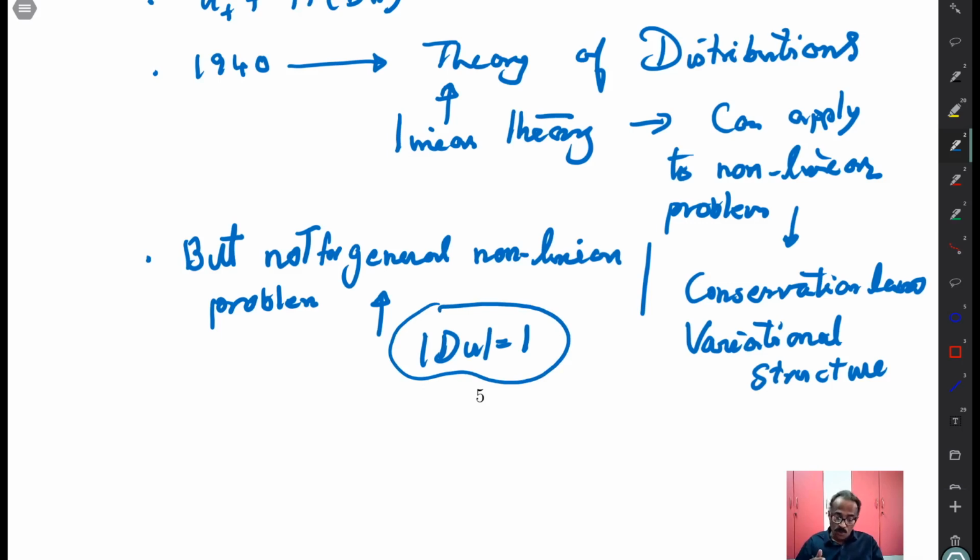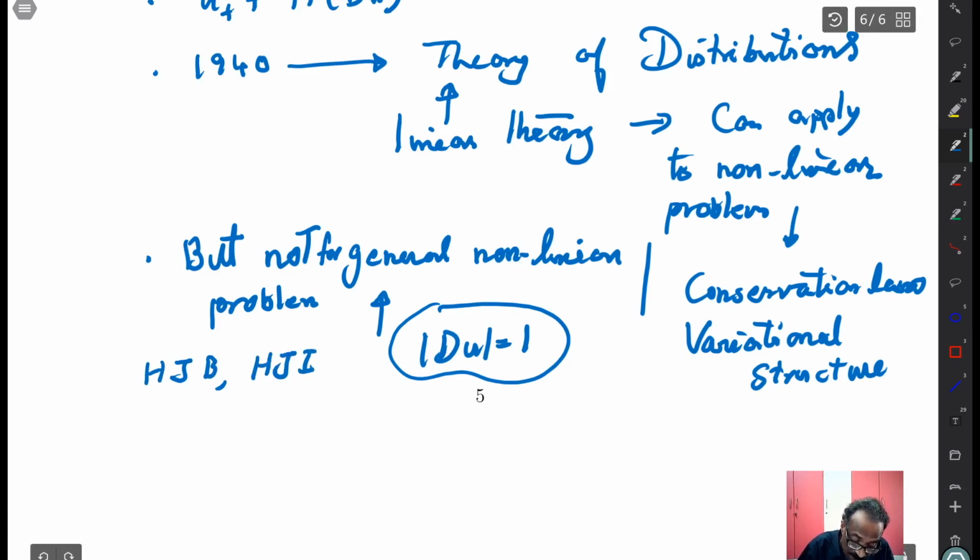So general nonlinear problems are not easy to handle. Especially Hamilton-Jacobi equations from the calculus of variations, and more generally Hamilton-Jacobi-Bellman and Hamilton-Jacobi-Isaacs equations, are where this mainly started.